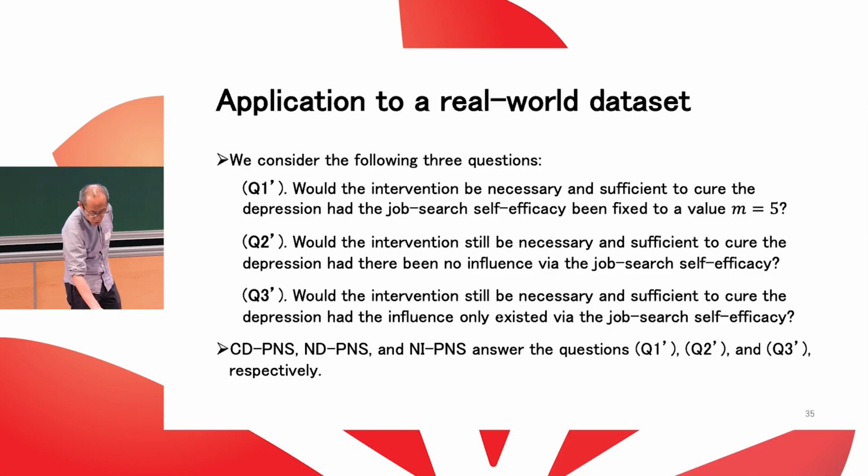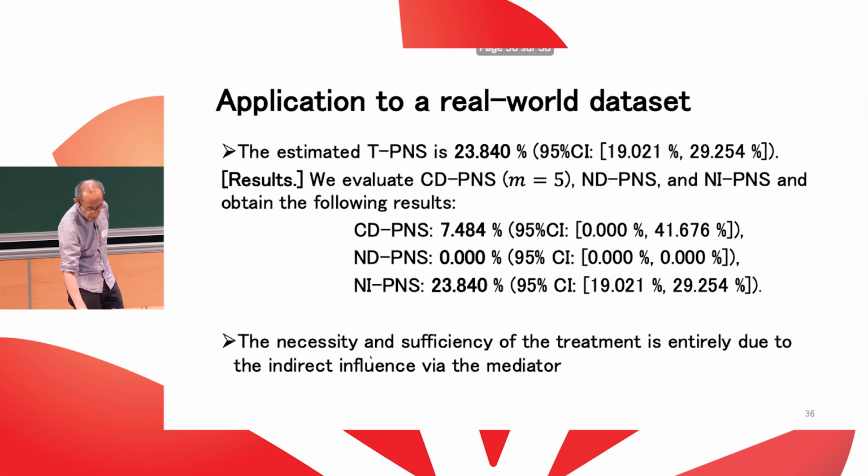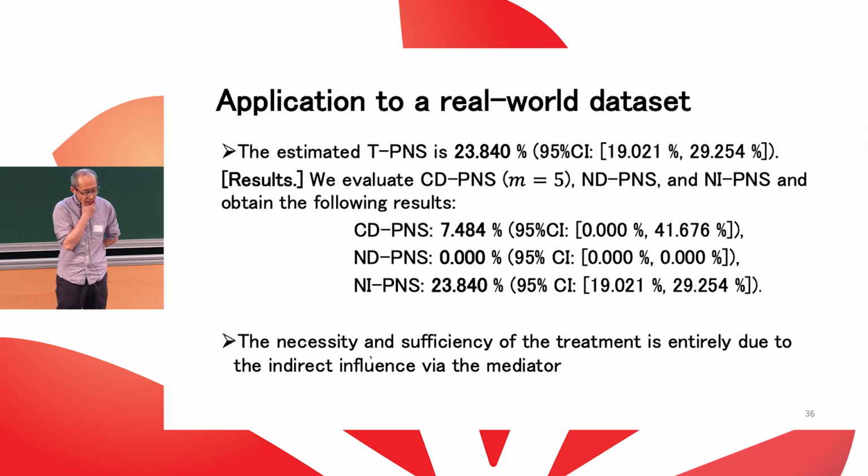Would the intervention still be necessary and sufficient to cure the depression had the influence only existed by the job search self-efficacy? So we basically compute those quantities like CDPNS, NDPNS, and NIPNS to answer those questions.